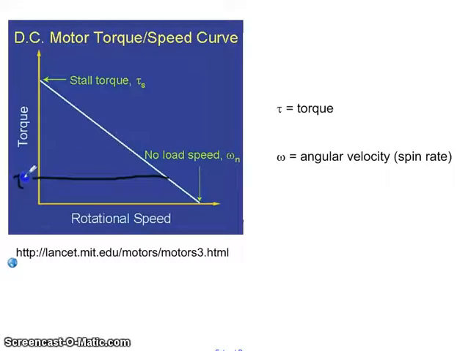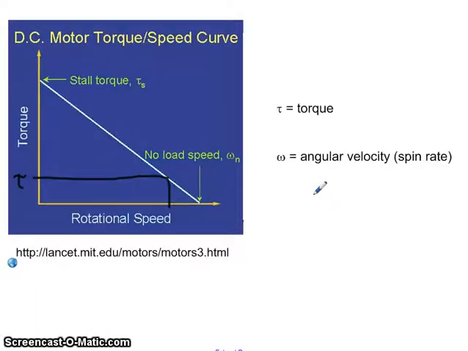typically the symbol for torque is tau, the Greek letter. So if the torque was not 0, so there was some load on the motor, then that would reduce the rotational speed to some number below this maximum omega value. Omega is the Greek letter used for angular velocity or the spin rate.